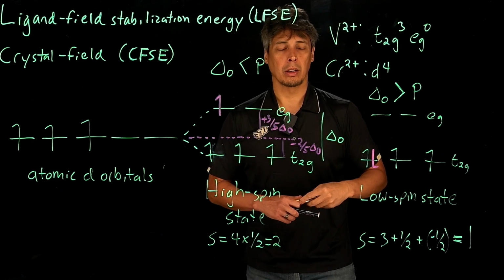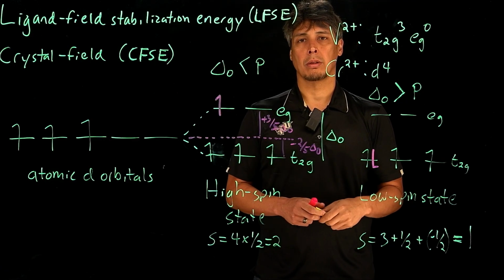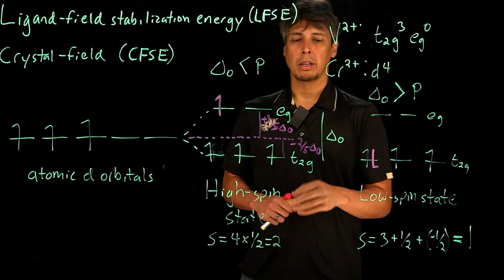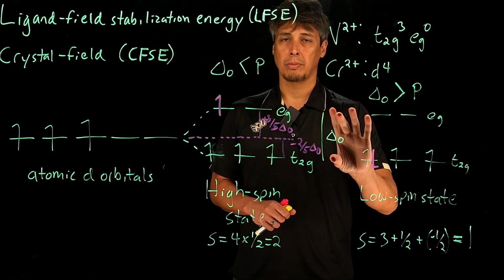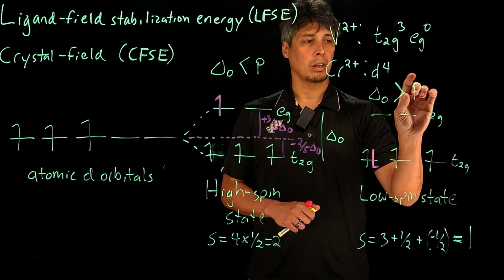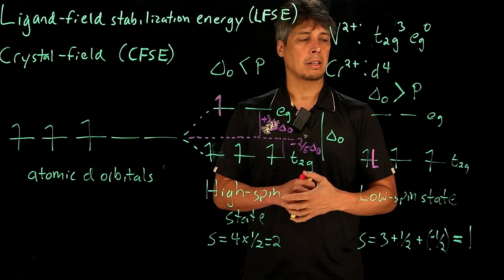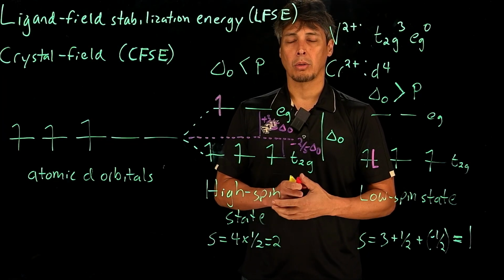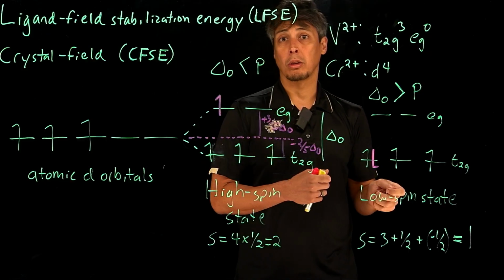It's this competition between the difference in energy between the t2g and the eg state, delta O, and the pairing energy, which is the repulsive effect between the electrons in a filled orbital, that determines whether the compound prefers to be in the high spin or the low spin state.